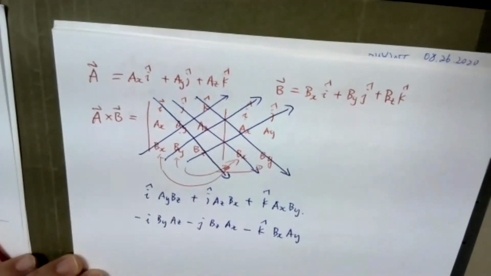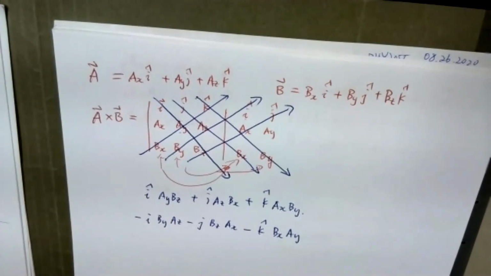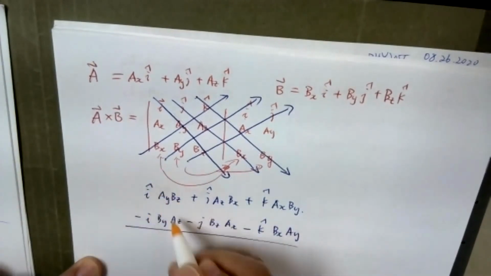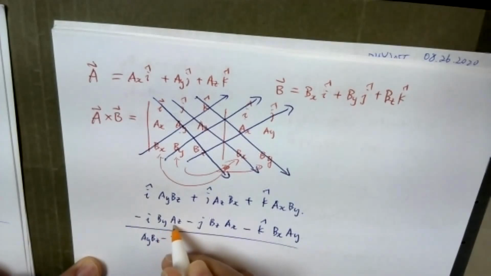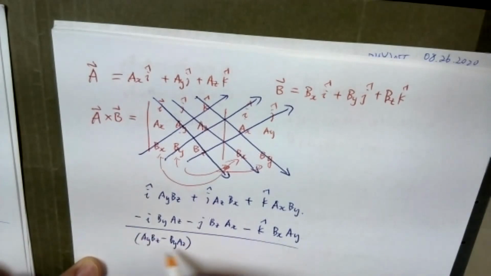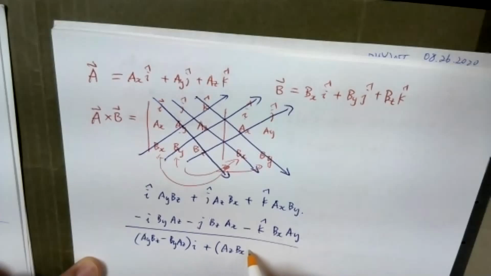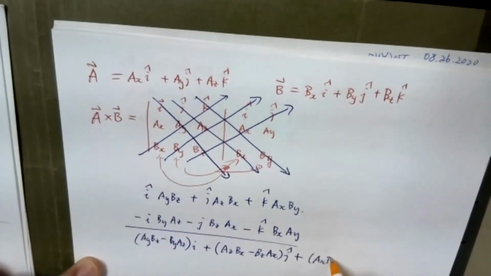So you'll end up with the same as what we had. Basically you combine these, to get the i component as AyBz minus ByAz, plus the j component AzBx minus BzAx, plus the k component AxBy minus BxAy.